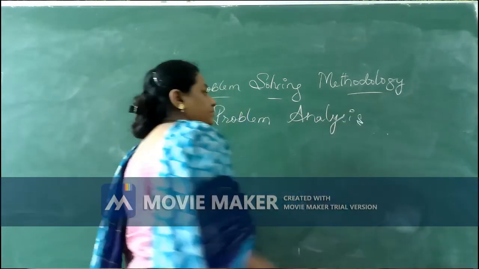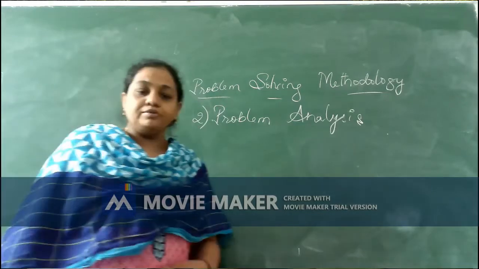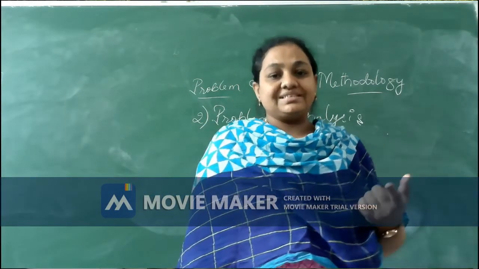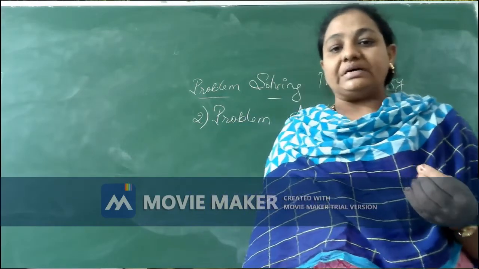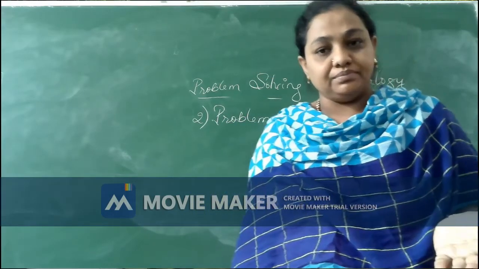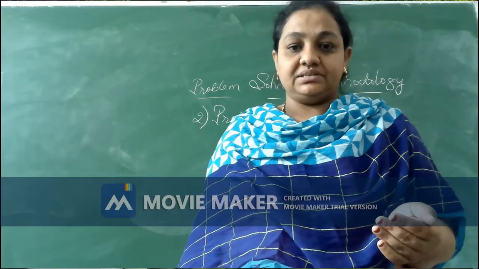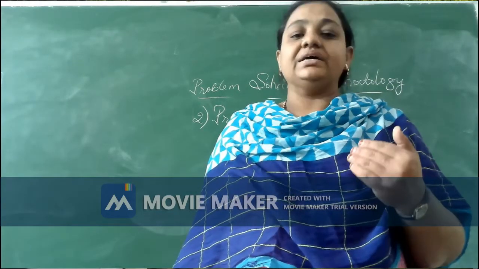So we need to think about the problem in terms of the input requirement, what processing is required and also what output is expected, what output has to be generated. So this is about problem definition. Hope you have understood this.